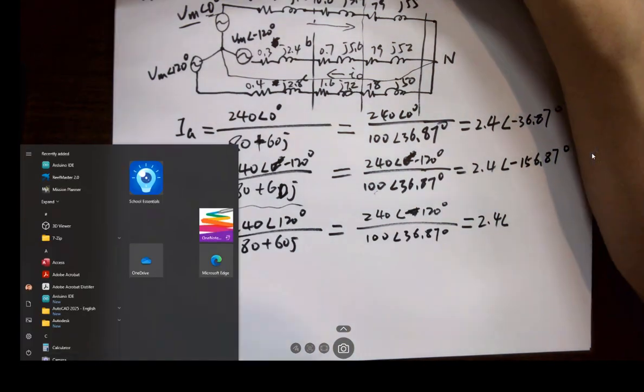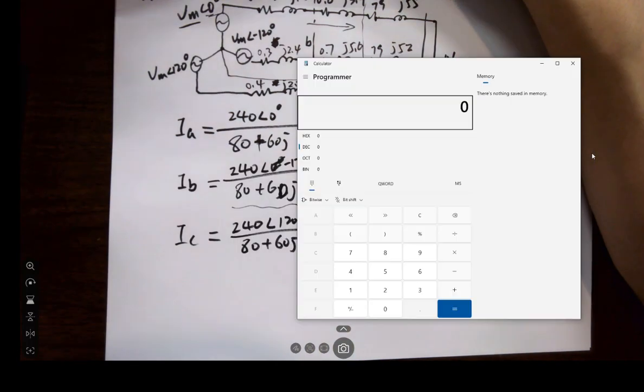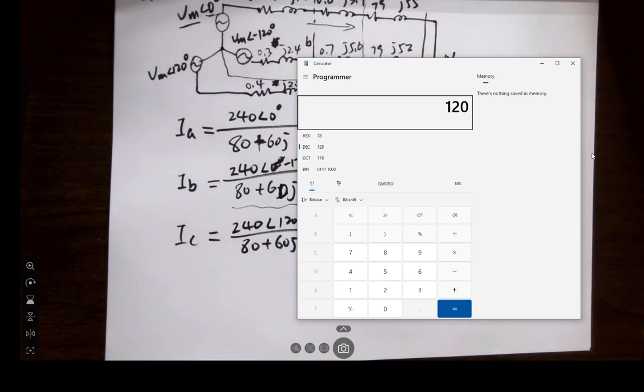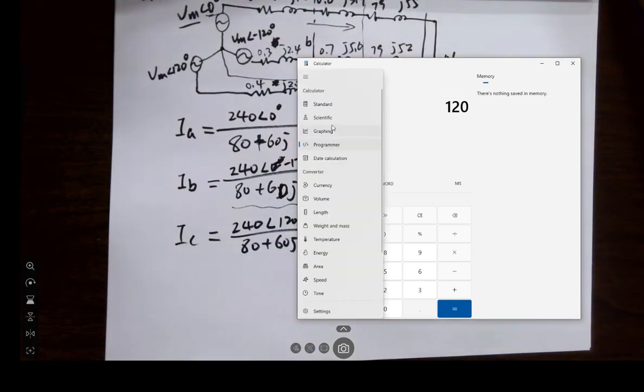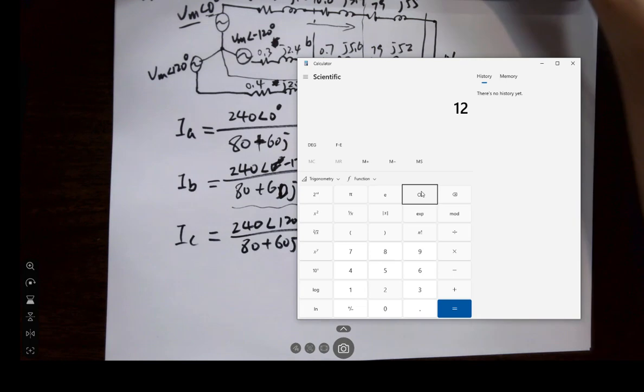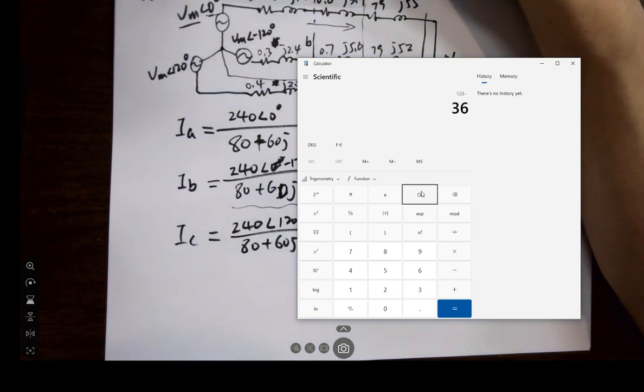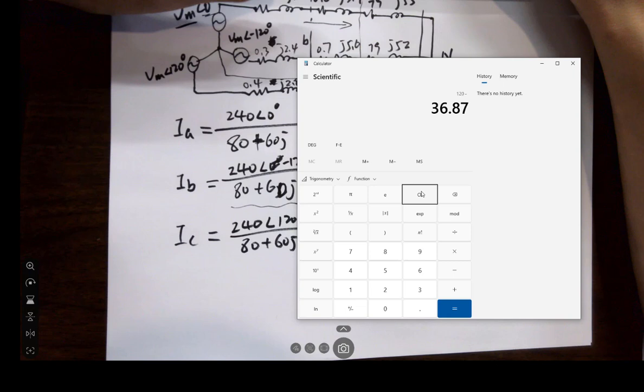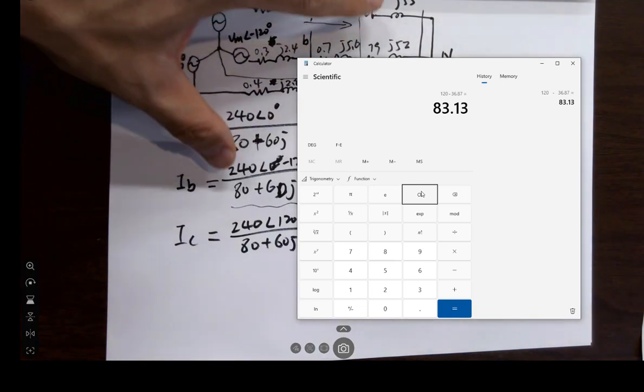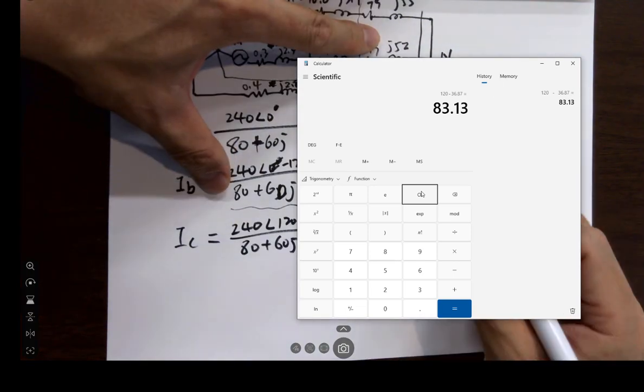For this one, it's 120 minus 36.87, 83.13.